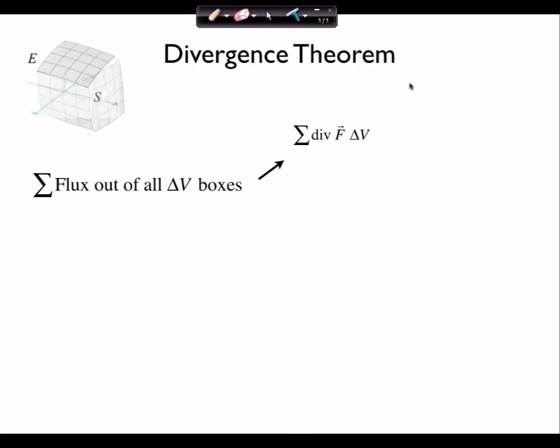Is that fair? The other way is this idea that we've seen before. If we were to look at adjacent boxes, and calculate all the flux individually out the closed surface of each one of those boxes, what would happen?